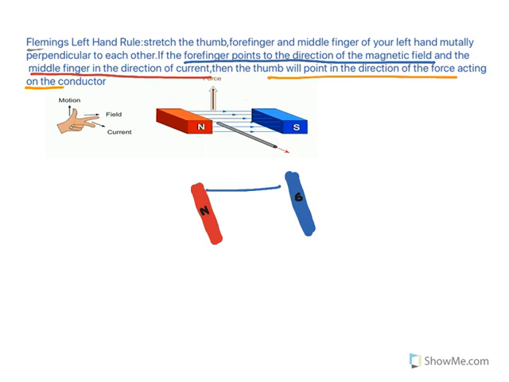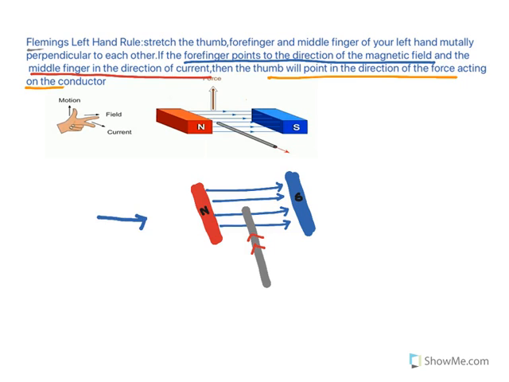Now we have the magnetic field again, but we are going to reverse the direction of the current. The magnetic field remains the same, from the north to the south, but the current we are going to reverse. Here's a conductor, and now the current is going in the upward direction.